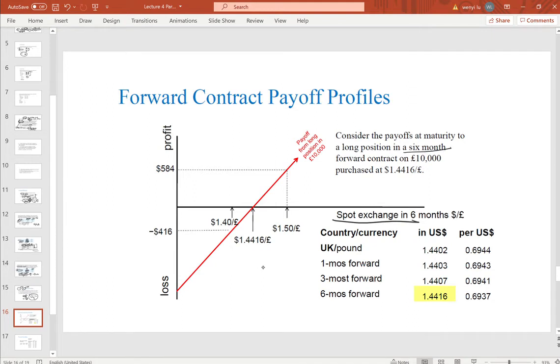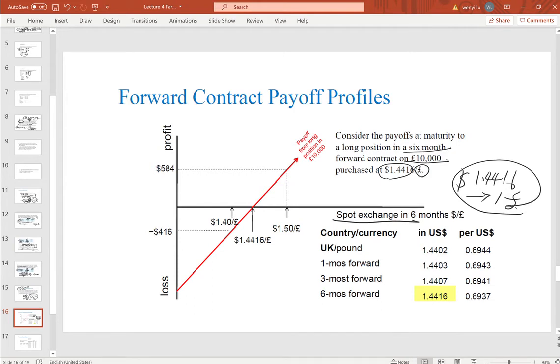In this contract, you can purchase £10,000 at the price of $1.4416 per pound. That means you can pay $1.4416 to buy a pound 6 months later based on the contract.